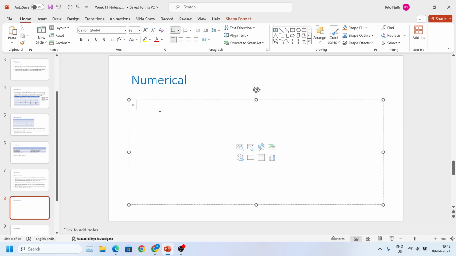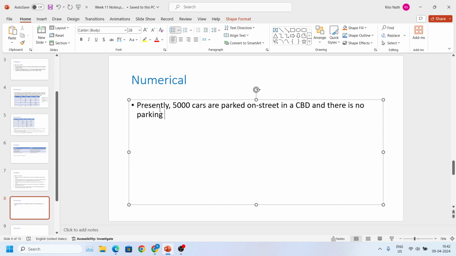This tells you presently 5,000 cars are parked on street in a CBD. There is no parking charge. The outcome from the parking beat survey is as follows.